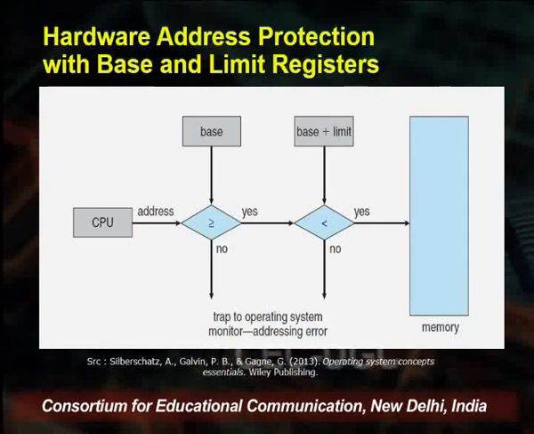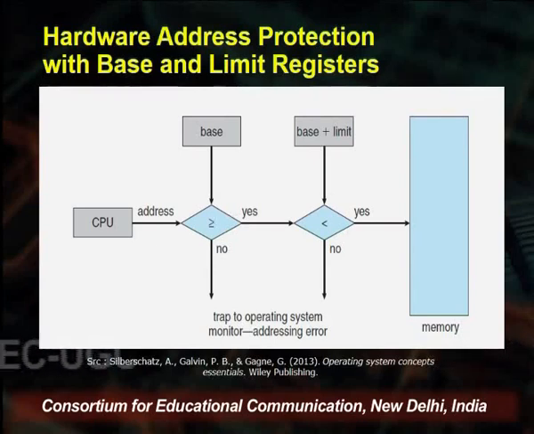If the address is not greater than or equal to the value in the base register, then it means there is a trap in the system and the operating system goes into a fatal error.